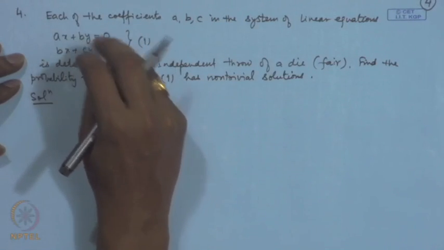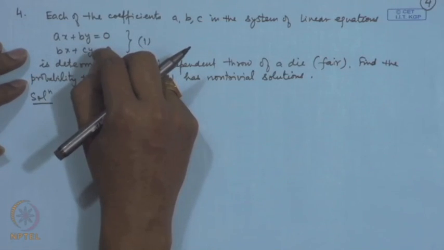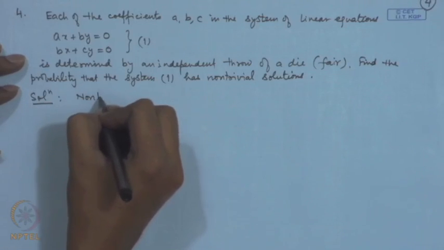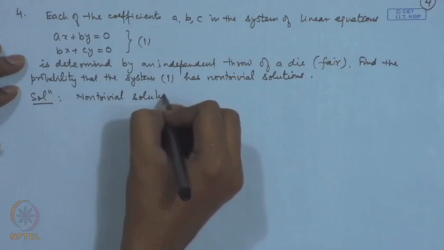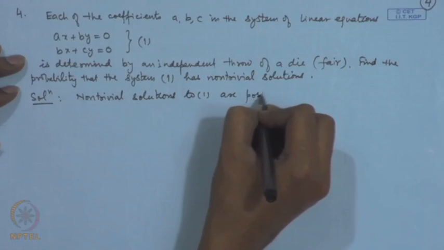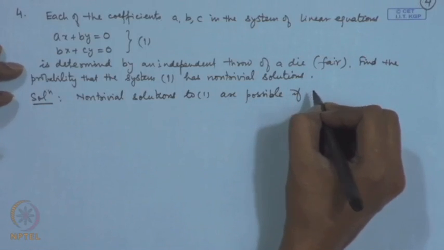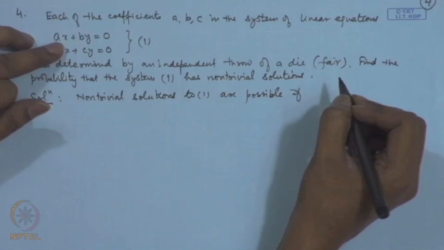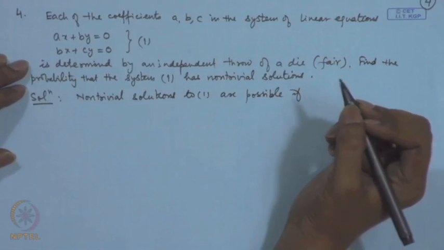if the determinant of the coefficient matrix is 0. So, non-trivial solutions to 1 are possible if the rank of the coefficient matrix is not 2, because if this coefficient matrix is invertible, then you will have only one solution, that is 0 0.